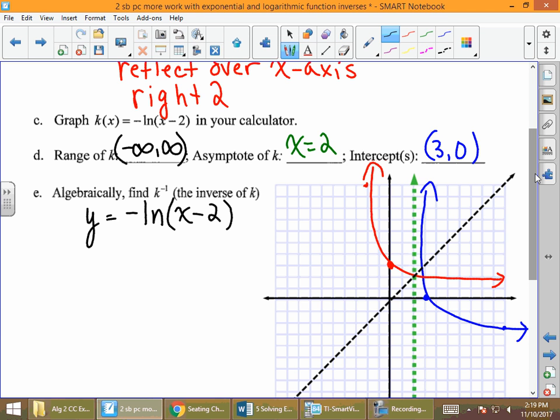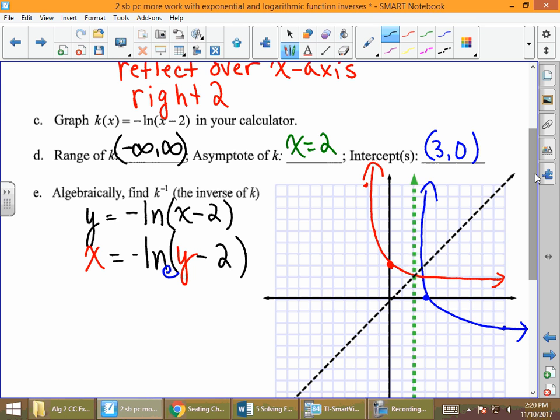And we switch the x and the y: x goes here, y goes there. And this time what we need to know is, what's the base of a natural logarithm? Somebody said it. It's e.